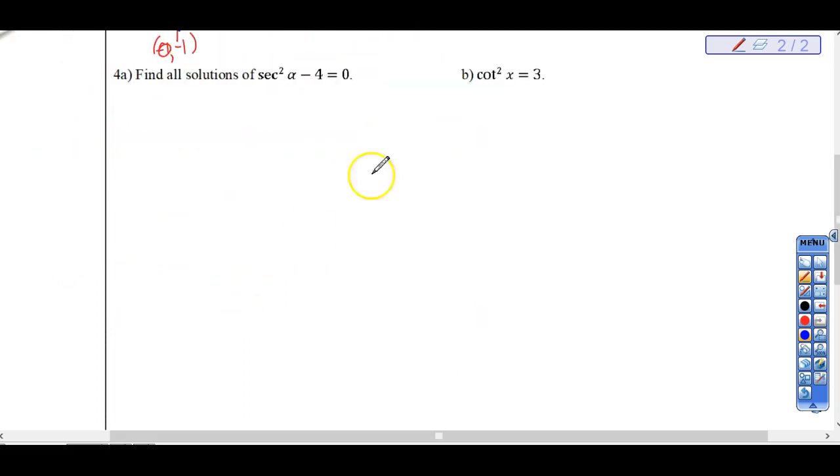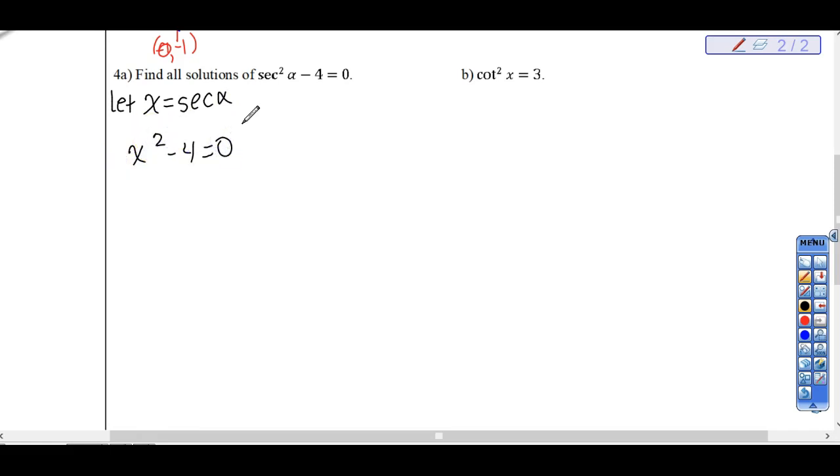Now listen, this one goes really fast. So here we have another quadratic. Secant squared alpha minus 4 equals 0. Again, you could say I'm going to let x represent secant of alpha and write x squared minus 4 equals 0.